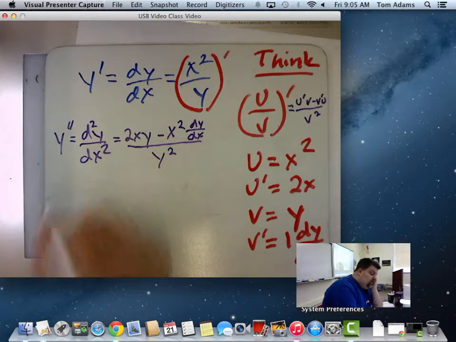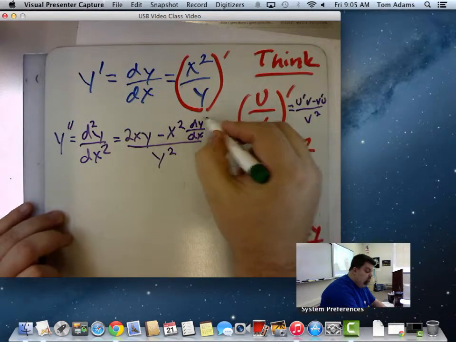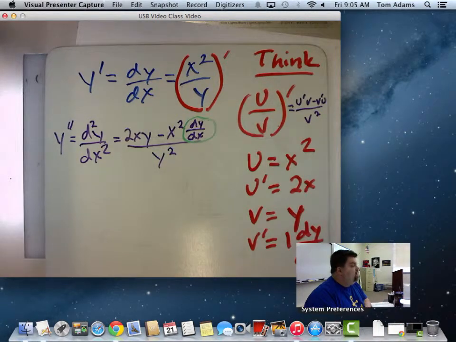And so the only problem with that is, guess what? I don't have it in terms of x and y. I need to address this. How do I make that in terms of x and y? Can you multiply by y squared and then cancel it out?